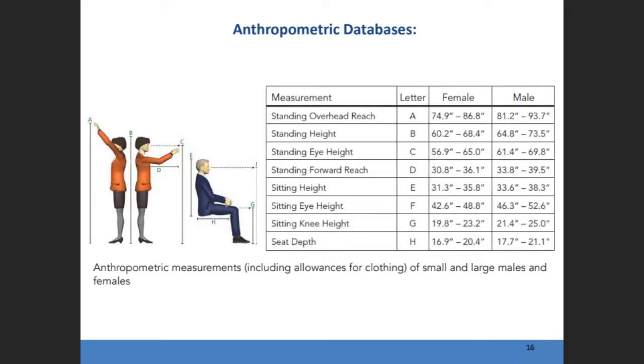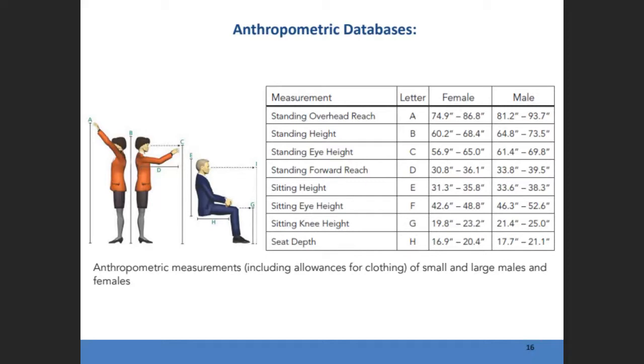So now this is what you need to memorize: 42 to 52, 31 to 38. Easily, when I give you a range from 30 to 39 or 38, two things will be applicable: the standing forward reach and the sitting height.